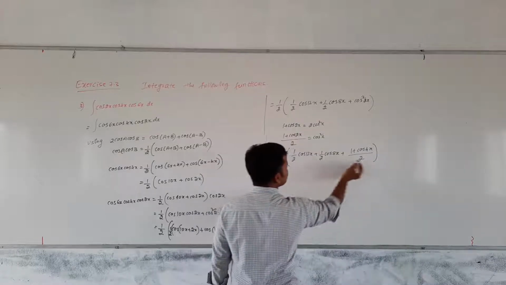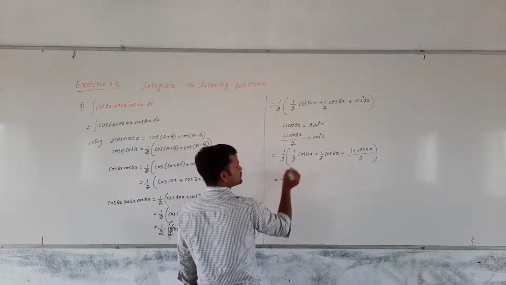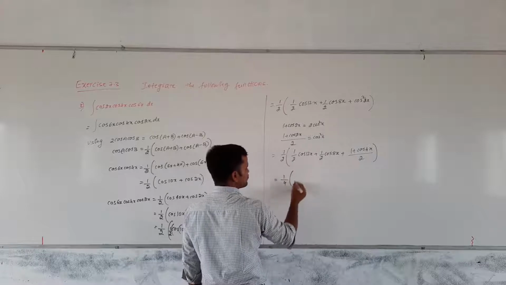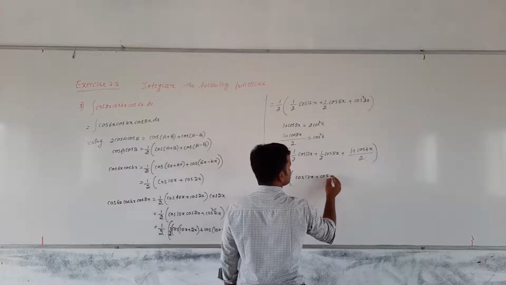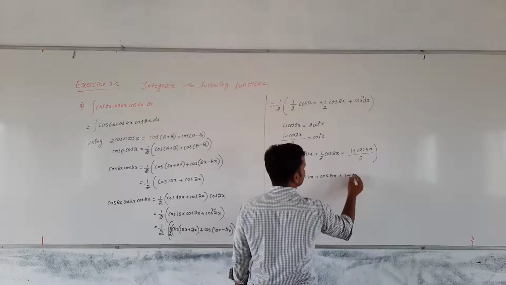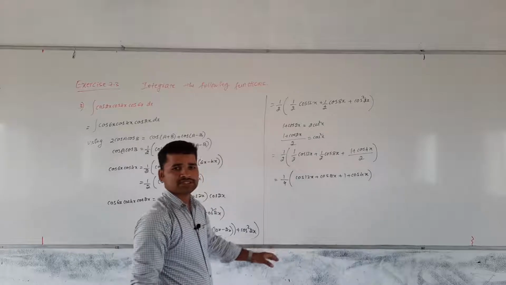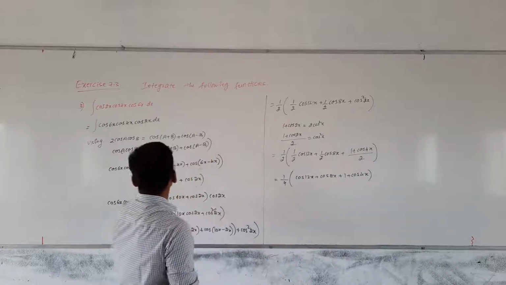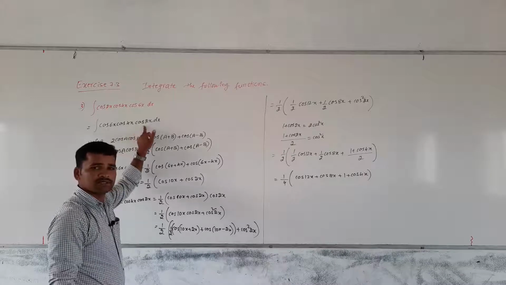Here 1 by 2, 1 by 2, 1 by 2 is common from all three terms. Take it out. 1 by 2 into 1 by 2 becomes 1 by 4. 1 by 4 is multiplied with cos 12x plus cos 8x plus 1 plus cos 4x. This is just the simplified form of cos 6x into cos 4x into cos 2x.